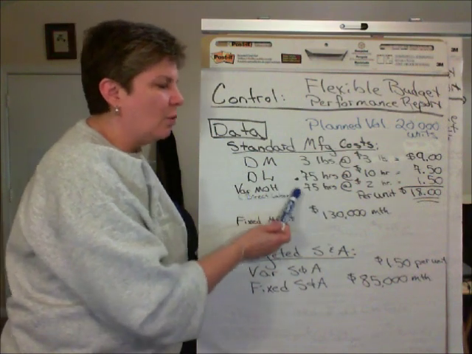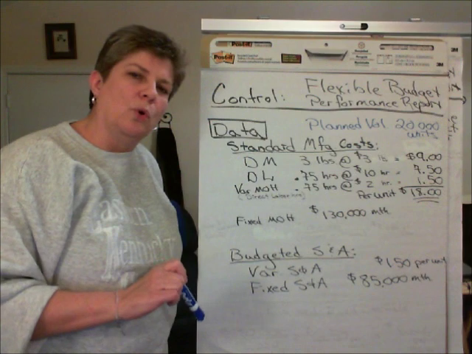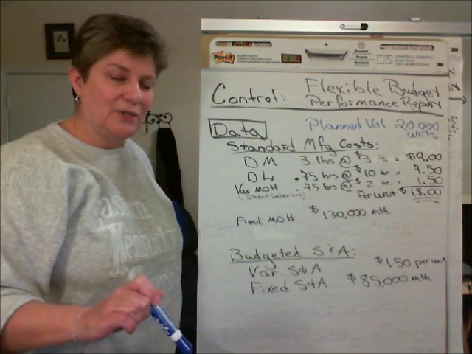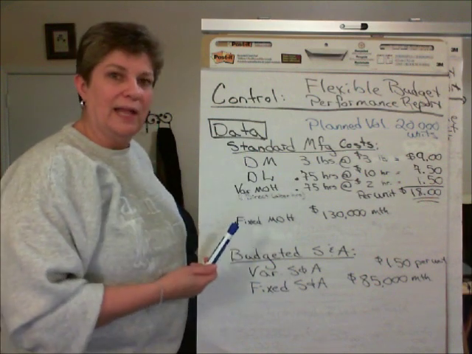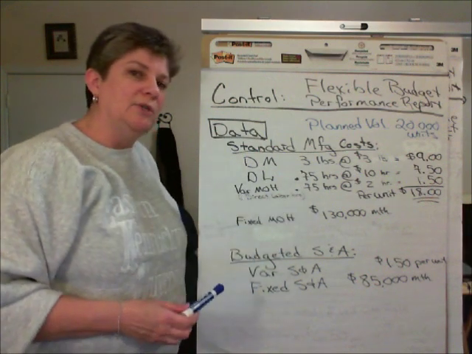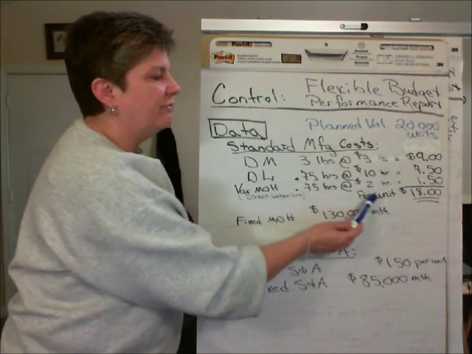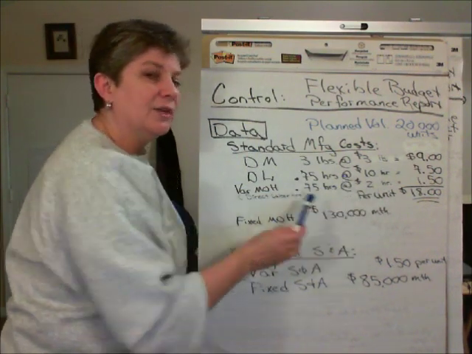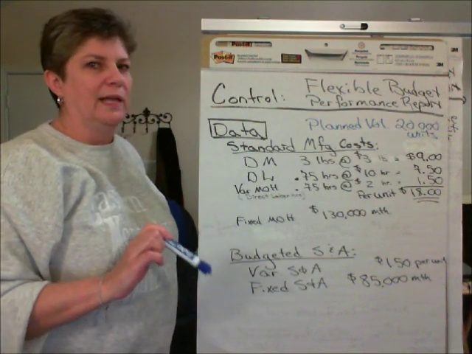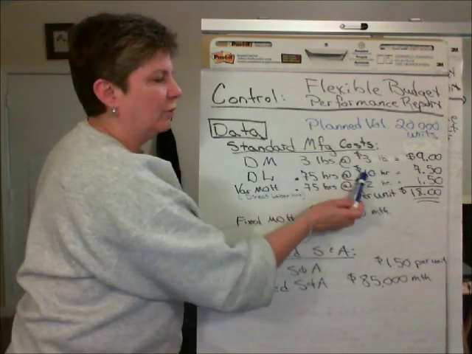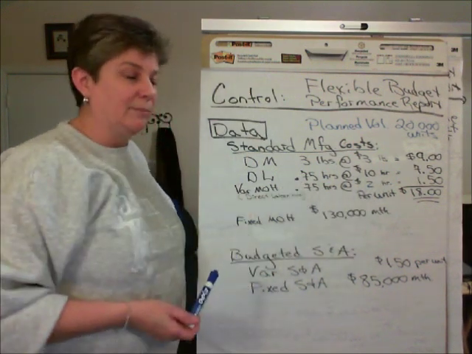This isn't hours of overhead, but it's our application or allocation base standard. So 3/4 of an hour is the standard for labor, and that's what we're going to be using to apply variable manufacturing overhead. But the variable manufacturing overhead standard rate is $2 per direct labor hour. So again, be careful to pull the correct rate to multiply times hours.